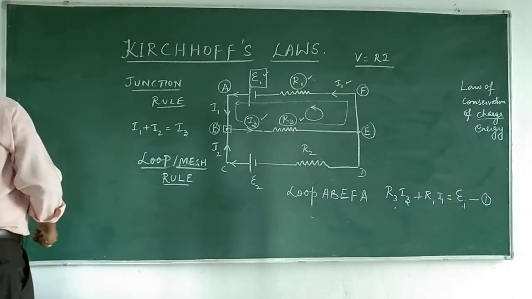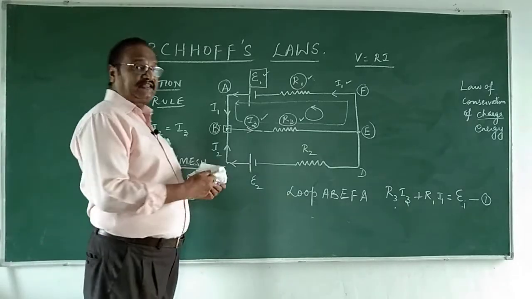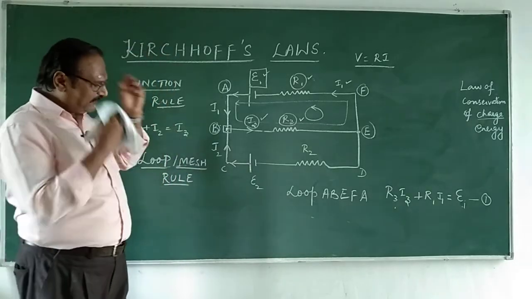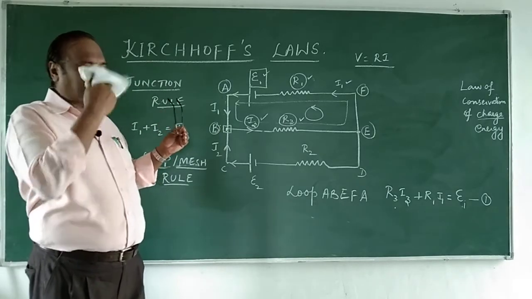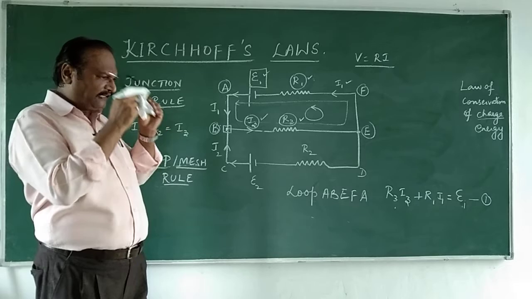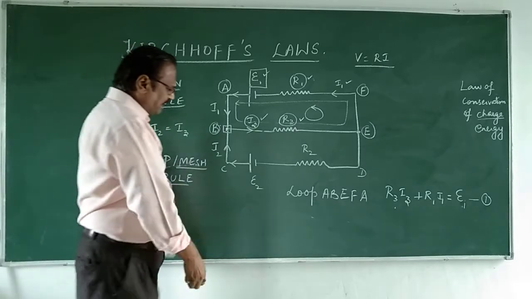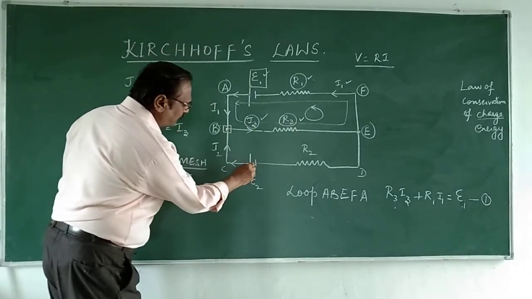Right. Now, I am going to take another loop. What should be the other loop which I have to consider? That is again with the second cell, epsilon 2.